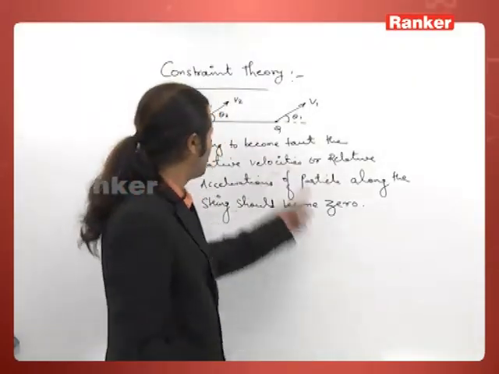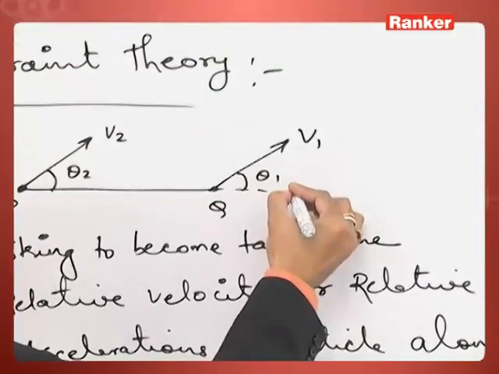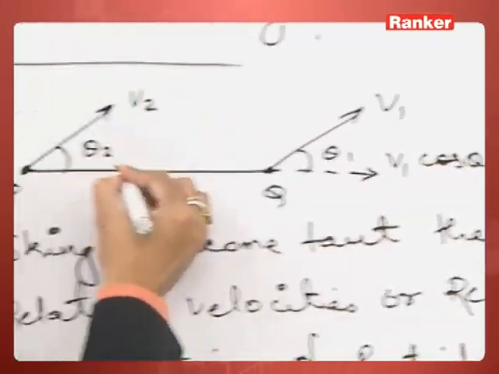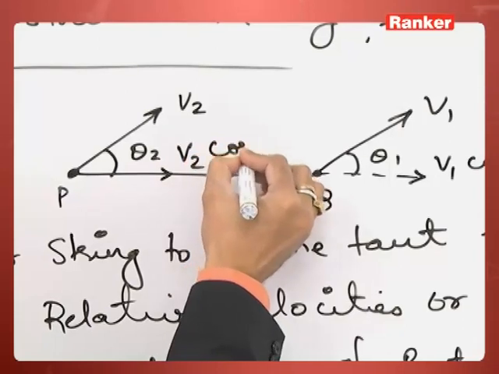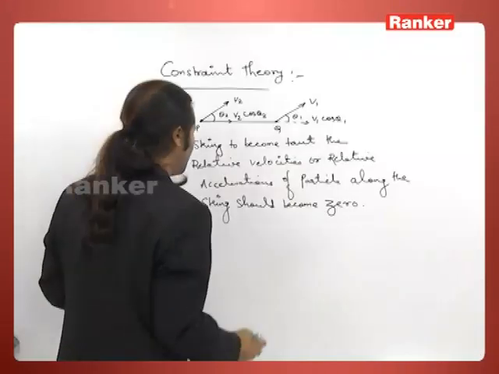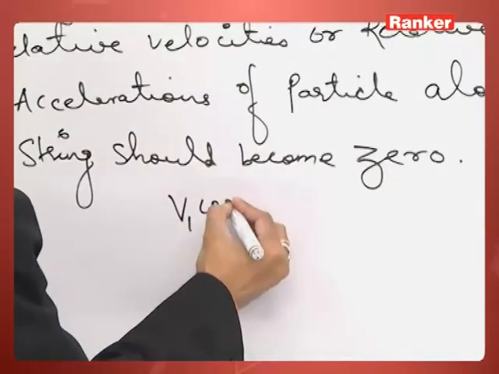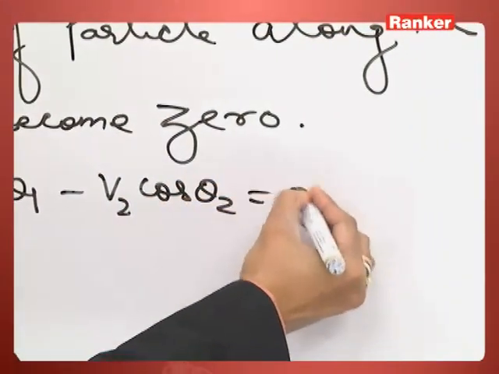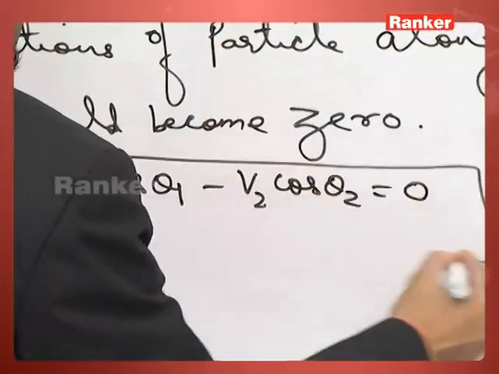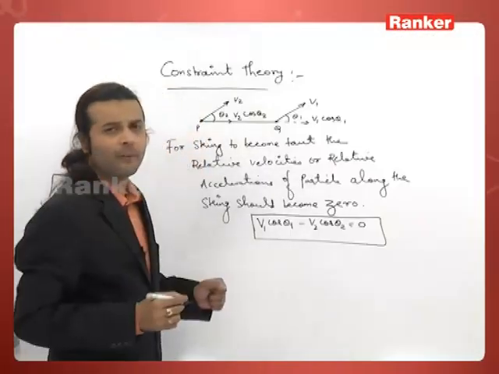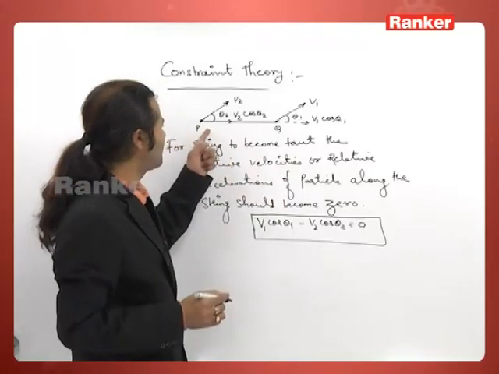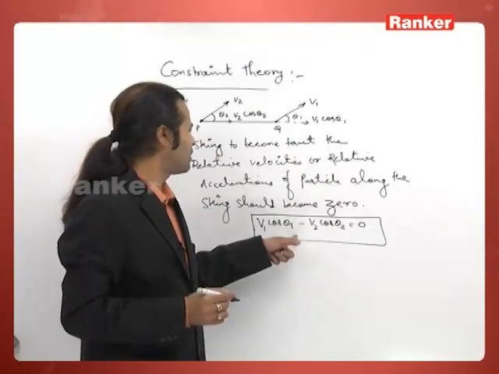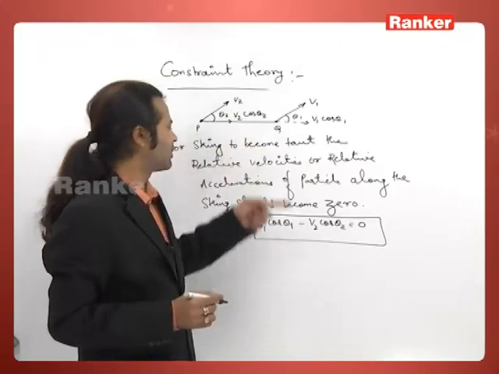That means I will resolve the velocity of the particles along the string, V1 cos theta 1 and V2 cos theta 2. So here I can write V1 cos theta 1 minus V2 cos theta 2 should be equal to 0. Relative velocities of the particles along the string should always become 0, that is, V1 cos theta 1 must be equal to V2 cos theta 2.